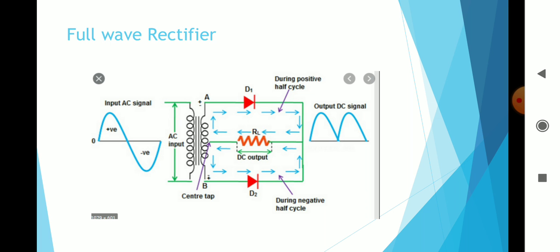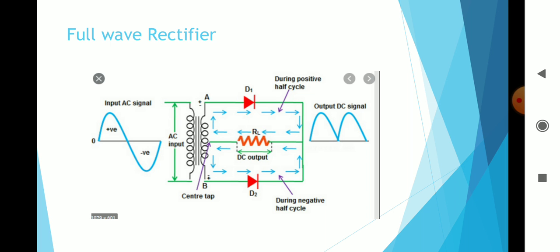The frequency of the AC signal which we receive here is 50 hertz, and its peak to peak value is 230 volts in India. So this is how the circuitry works. We see the output waveform is formed of pulsating DC supply.